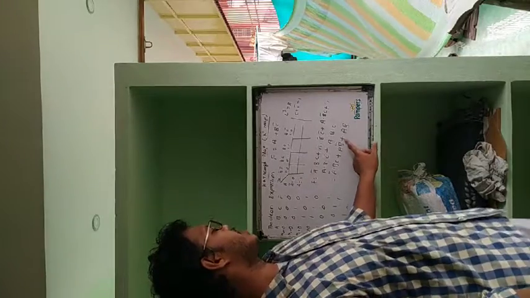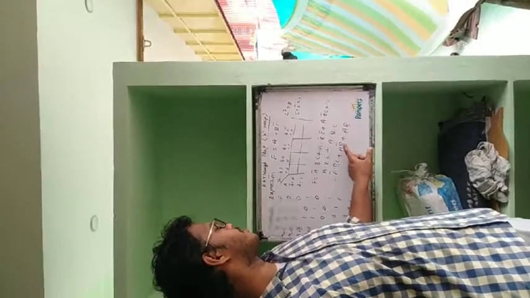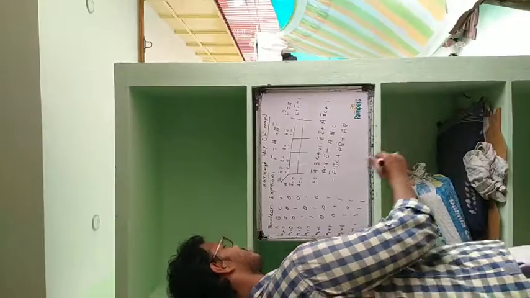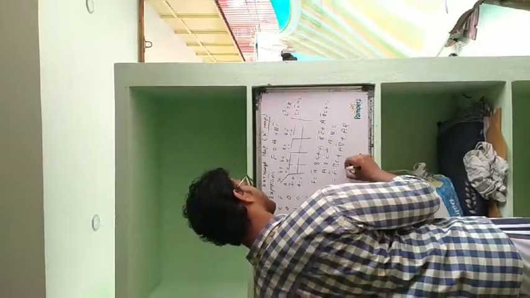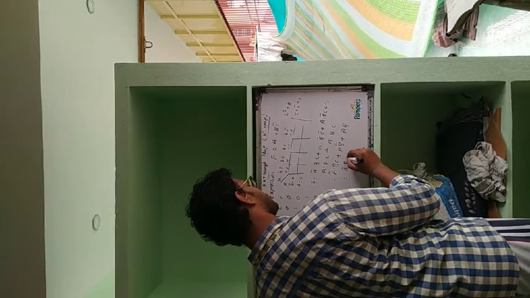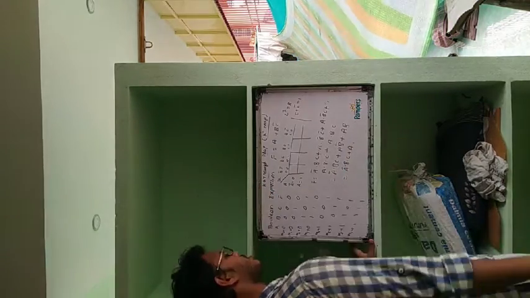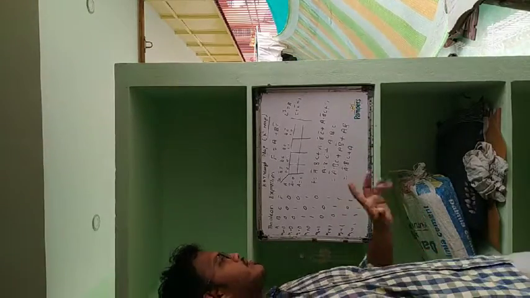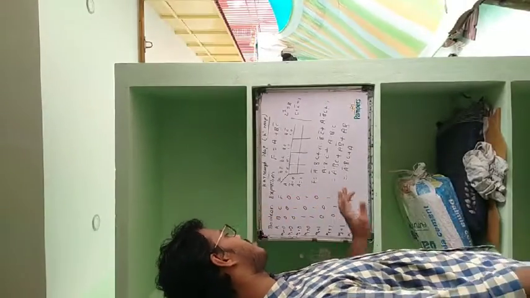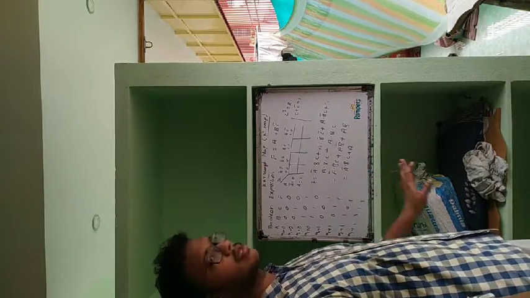If you take A out as common, you will get A, because B bar plus B is 1. According to the distributive law, so we have to remember the distributive law here.